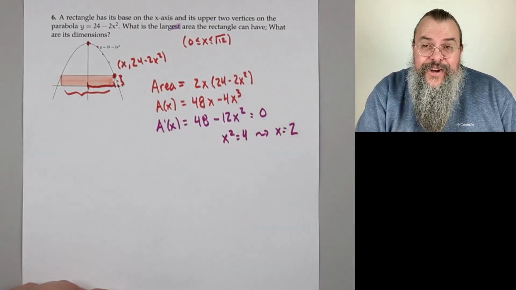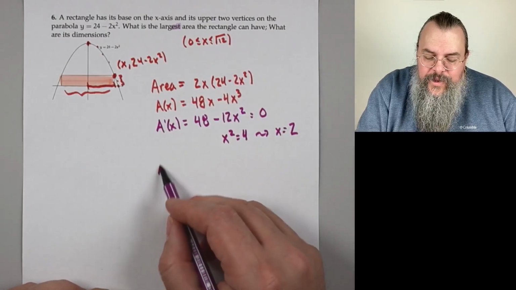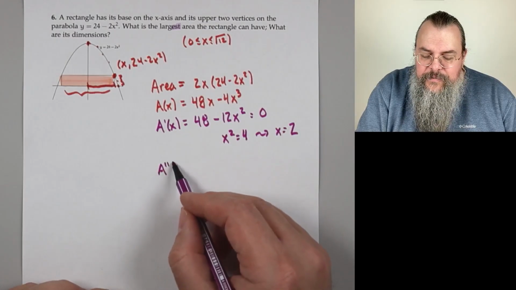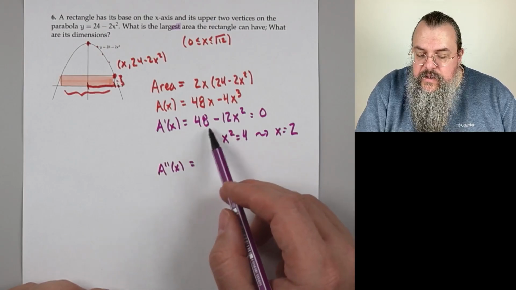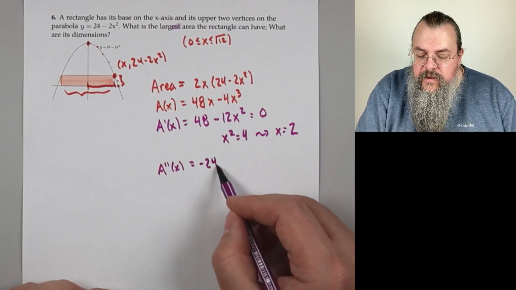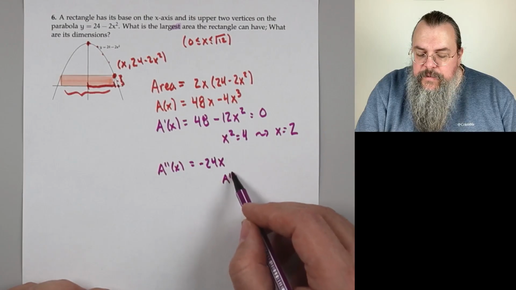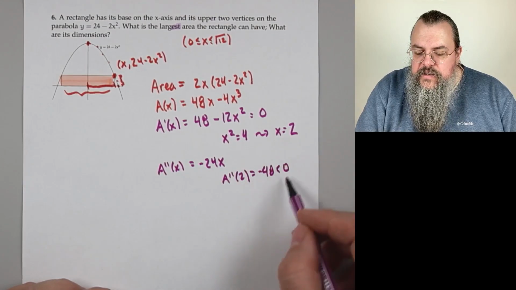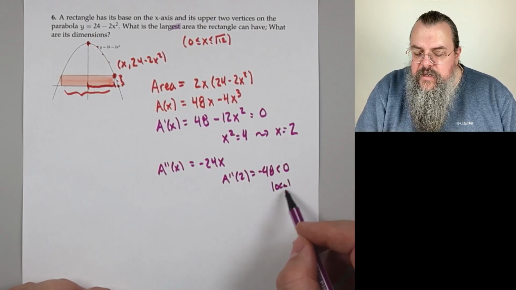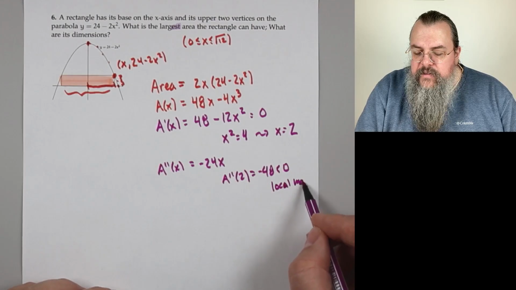There's reasons to think not. But one of the things we can do is check the second derivative. So A double prime of x would be 0 minus 24x, and so A double prime of 2 is negative 48, which is less than 0. That tells us that indeed we are at a local max.